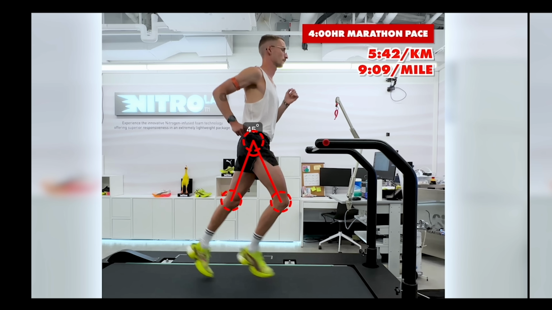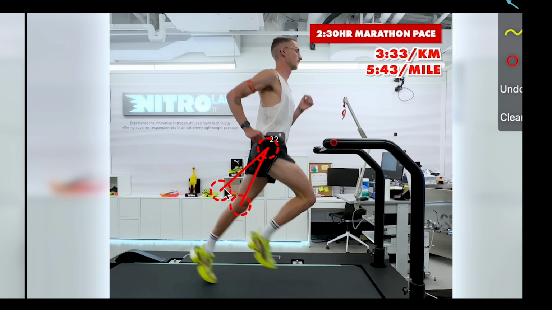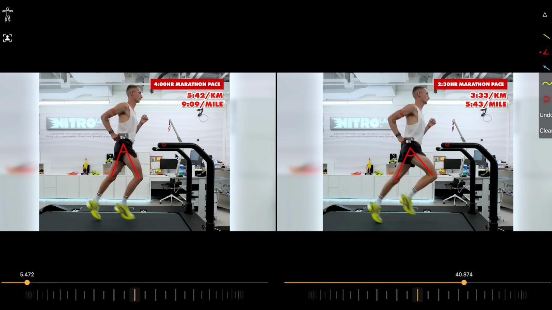Versus what we can see on this side. When we're talking about stride angle, we can see at this 4-hour marathon pace, 45-degree hip stride angle. At the faster pace, opening out more, 65 degrees.